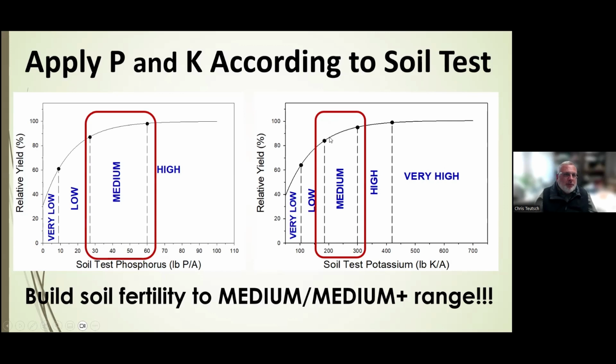So if we are able to maintain soil test phosphorus and potassium in this medium range, medium plus, high minus would be ideal, then we're meeting the needs of that plant and achieving close to 100% relative yield. No need for us to be in the high or very high range, but we definitely want to be in that solid medium range, and then we're not going to be holding yield back in our hay fields and pastures.